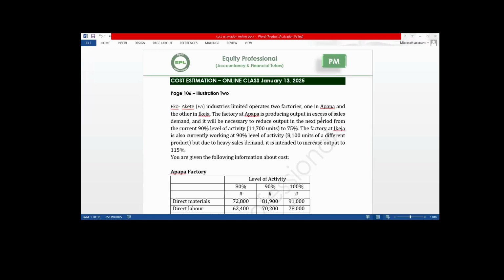The factory at Apapa is producing outputs in excess of sales demand. And it will be necessary to reduce outputs in the next period from the current level, 90% level of activity, in brackets, 11,700 units to 75%.